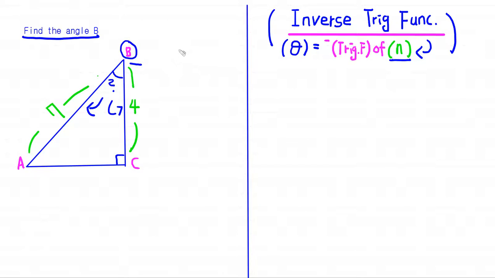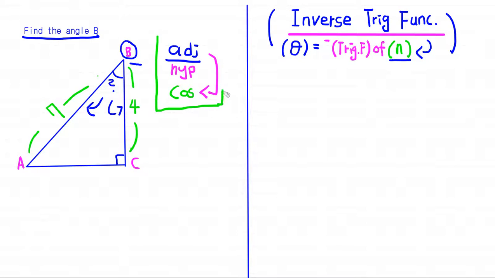So we can use adjacent over hypotenuse. I'll write in a different color. Adjacent over hypotenuse is equal to cosine. So we can use cosine for this.